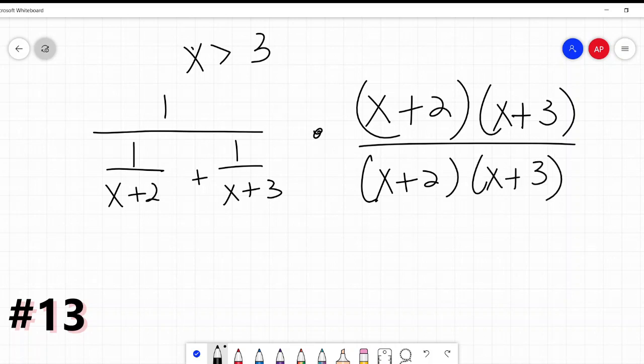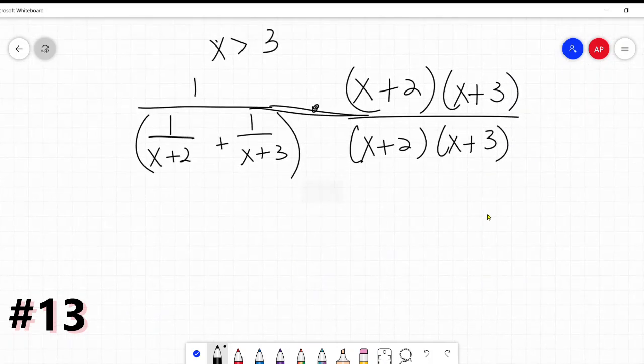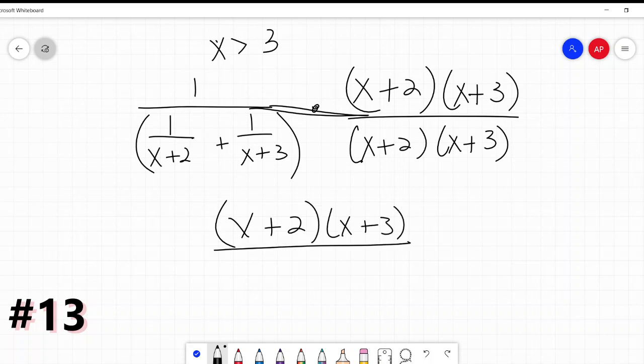Because remember, we do fractions, you multiply everything on the top, you multiply everything on the bottom. So on the top, I'm going to get x plus 2 times x plus 3. On the bottom, I am multiplying this times x plus 2 times x plus 3, then this times x plus 2 times x plus 3.